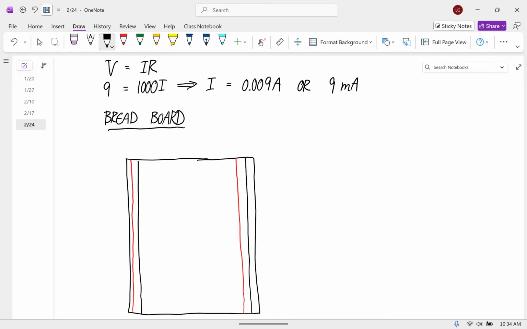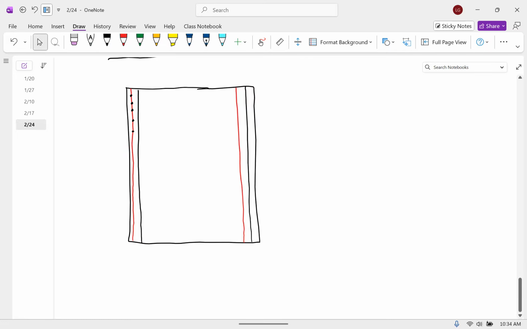And all of the holes along this are connected. So you can think of it as if any 2 wires that you put into these red holes are connected to each other, but they're not connected to any of the other stuff yet unless we want it to be. And then the holes here are all connected. Same thing with the columns on the other side.